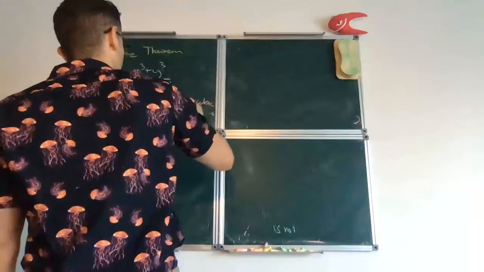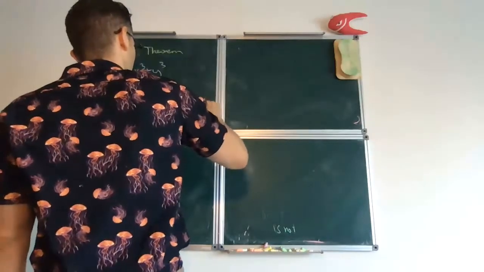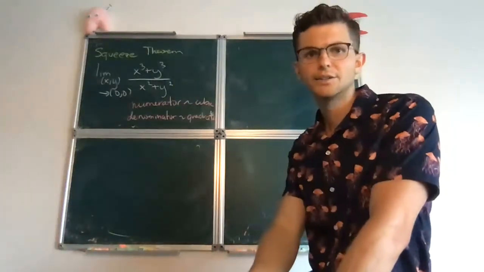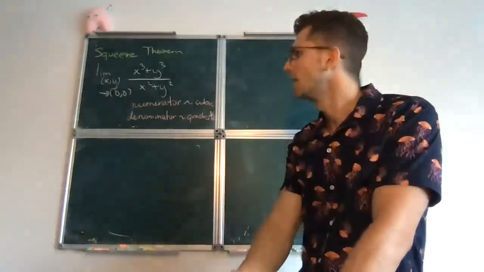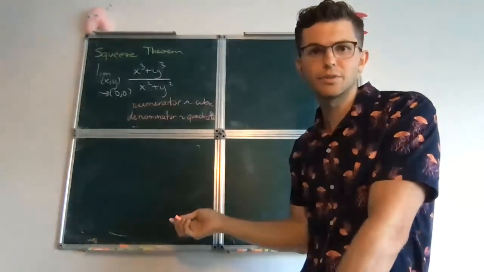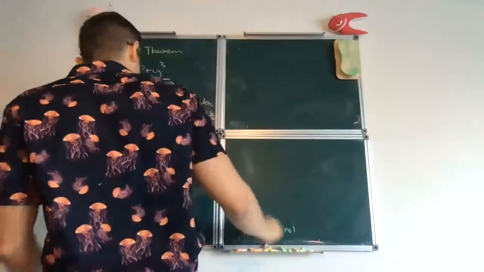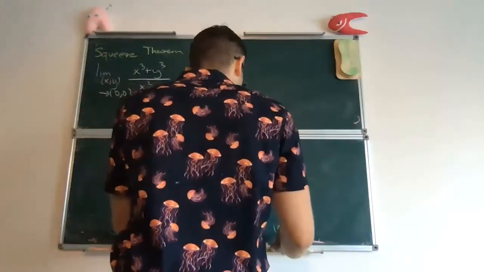Because each of the terms is quadratic. And so something cubic over something quadratic is linear, and so something linear should go to 0 as you move towards the origin. And so in this case, you do expect a limit, which should be 0.